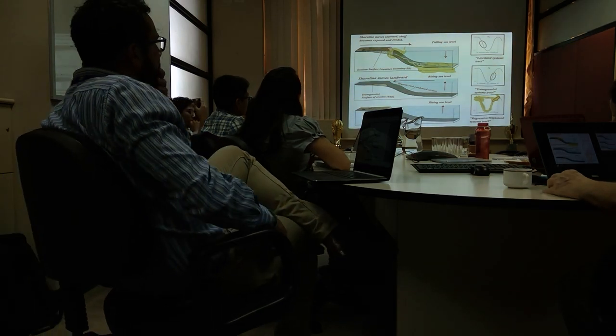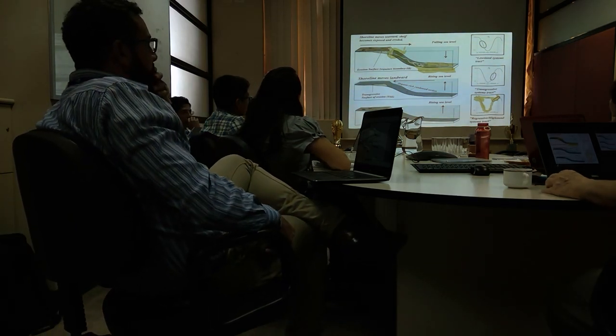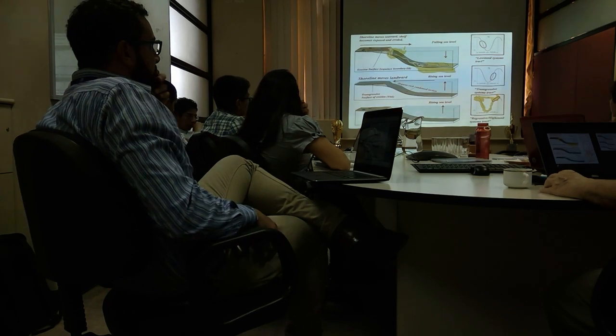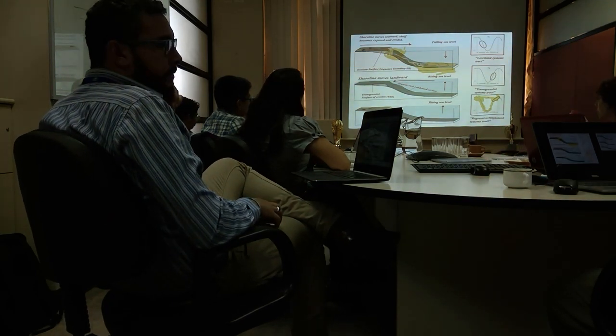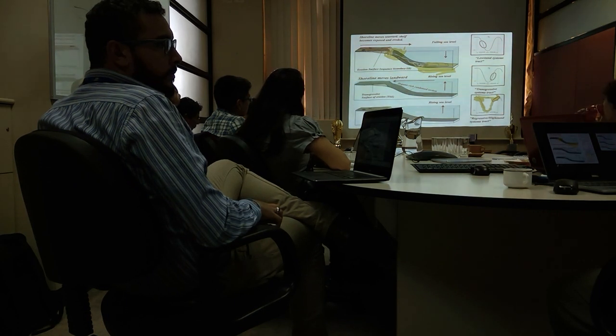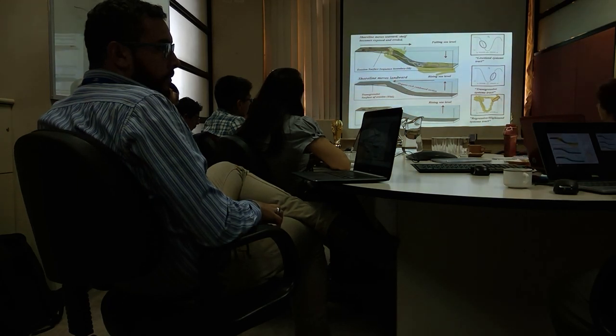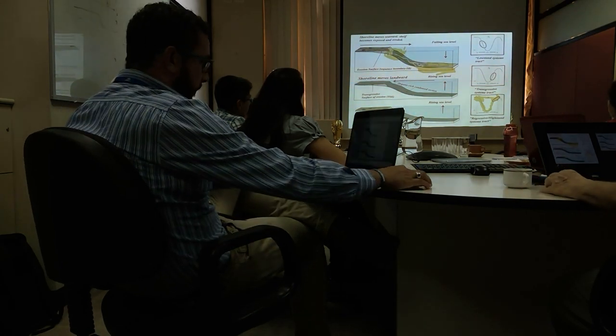In other words, no internal reflectors. And that's usually what these debris flow deposits look like. They're all kind of jumbled up because they've been rolling down the slope, and so you don't have any continuous reflectors, so you get a seismically transparent zone.